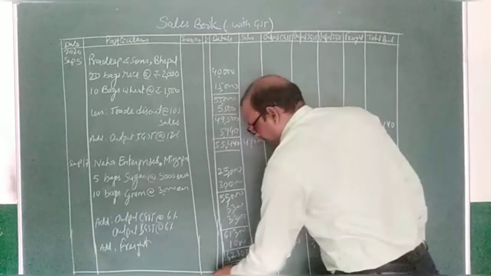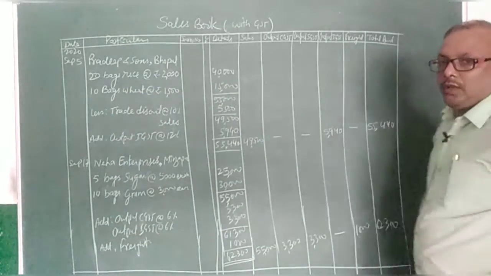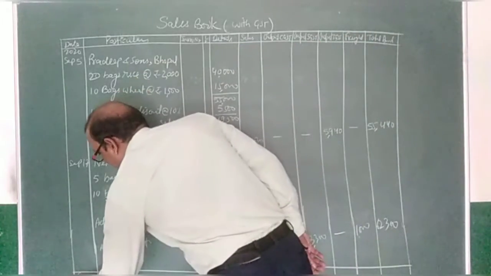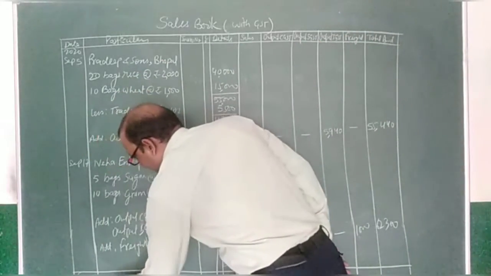And at last, as I have told you in the purchase book, we have to close all the columns. In date, it will be the last day of the month, September 30.